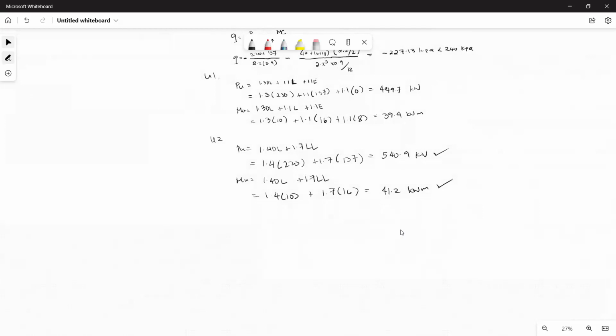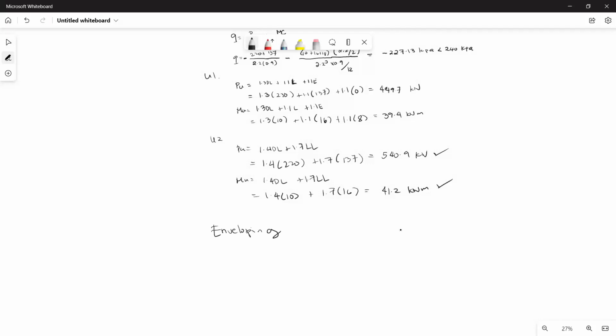However, kapag magkaiba yan, okay, so you will check both load combination. Check mo yung both load combination and you will arrive kung sino yung mas malakas na, mas mataas na load combination na mag-govern. Okay, and also, meron tayong tinatawag na enveloping.